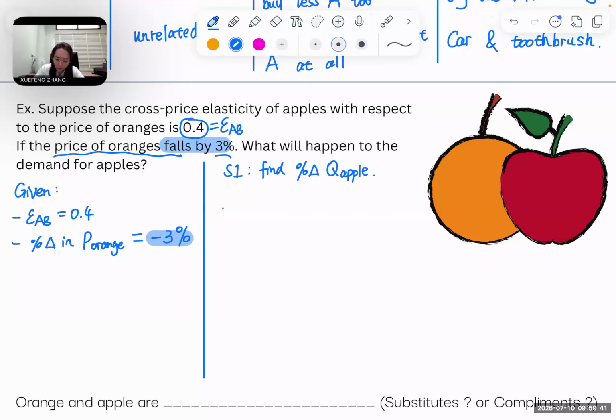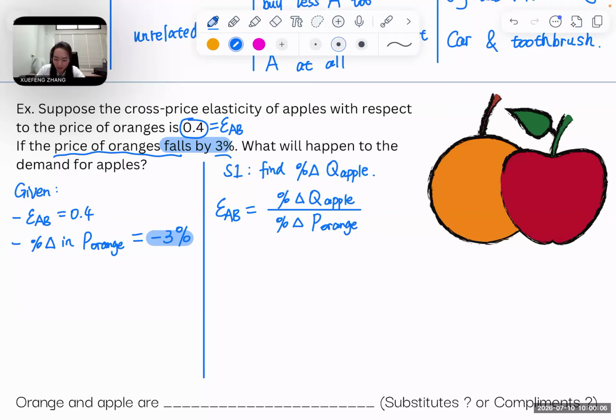According to the formula, epsilon AB equals the percentage change in quantity demanded of apple divided by the percentage change of the price of orange.